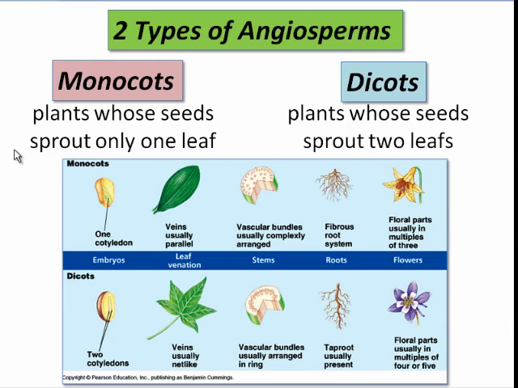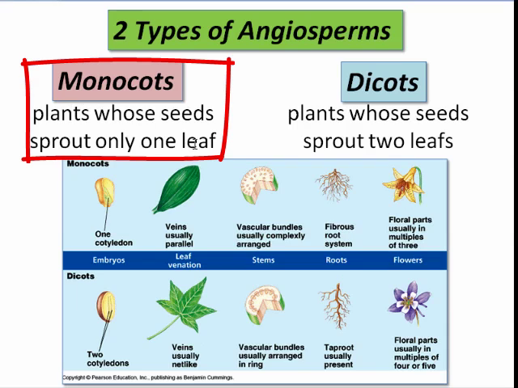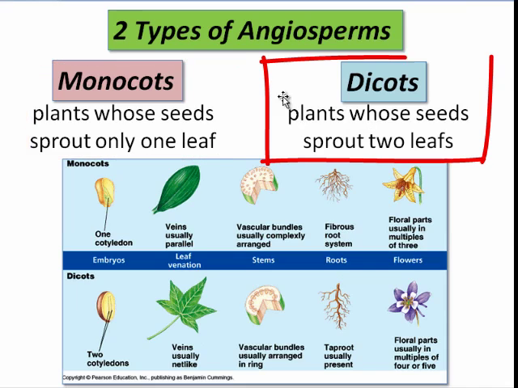Okay, and lastly here, there are two types of angiosperms. Again, angiosperms are flowering plants, and there's two types. Monocots, whose seeds sprout only one leaf, and dicots, whose seeds sprout two leaves.